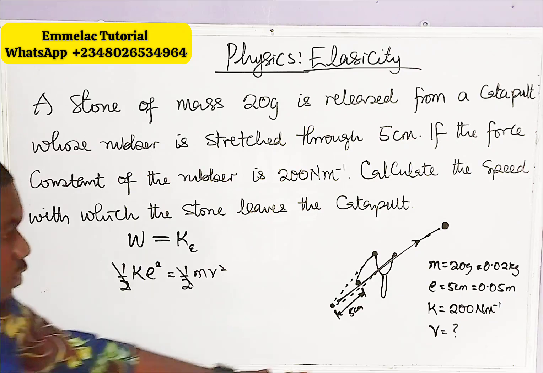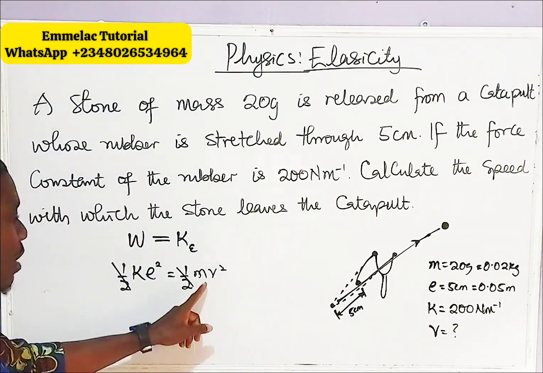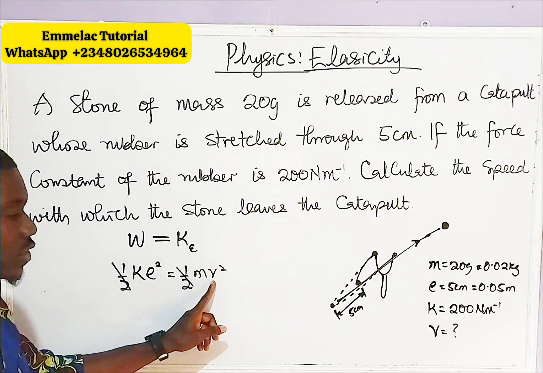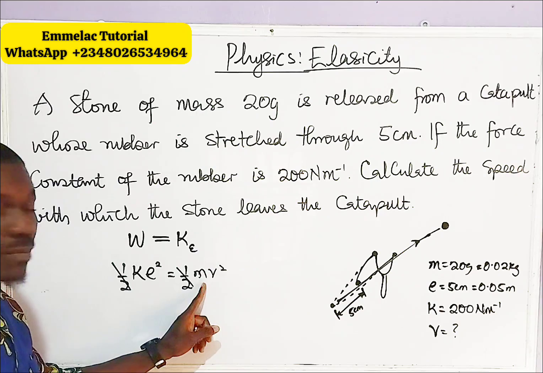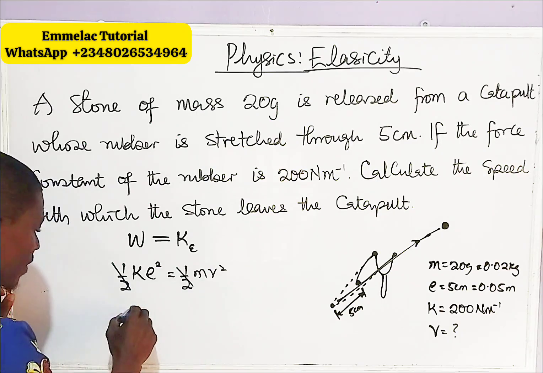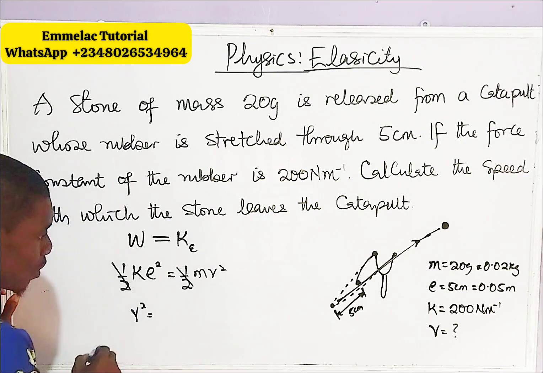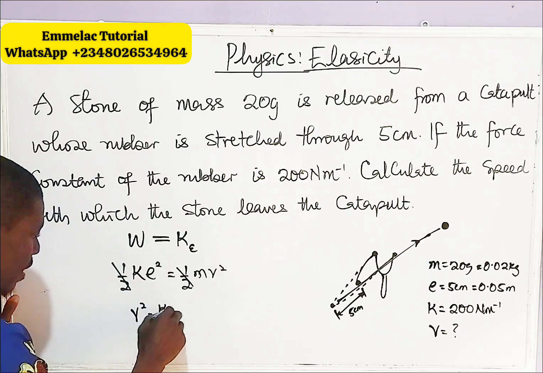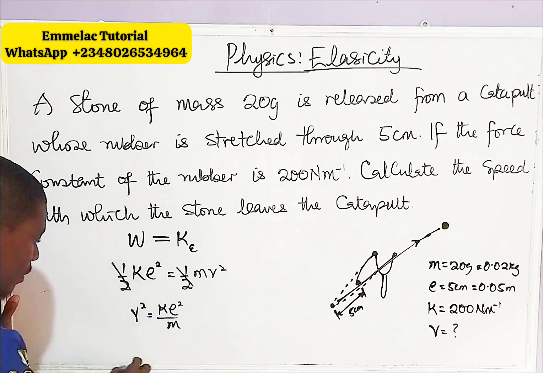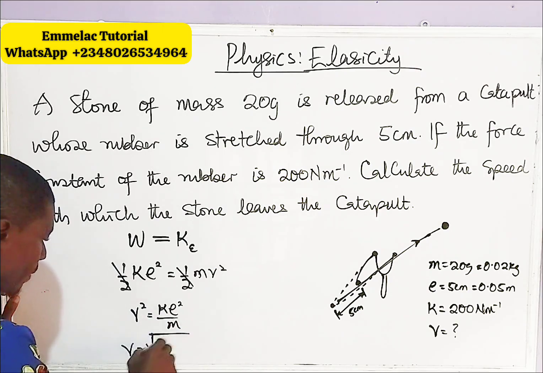And our v is what we are actually looking for. So we make v the subject of the formula by dividing both sides by m. We end up having v squared equals ke squared over m. So our v will be the square root of ke squared over m.